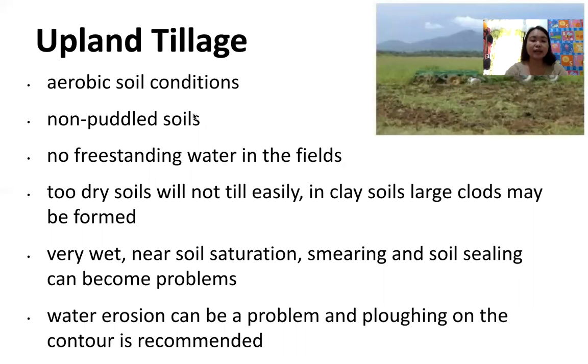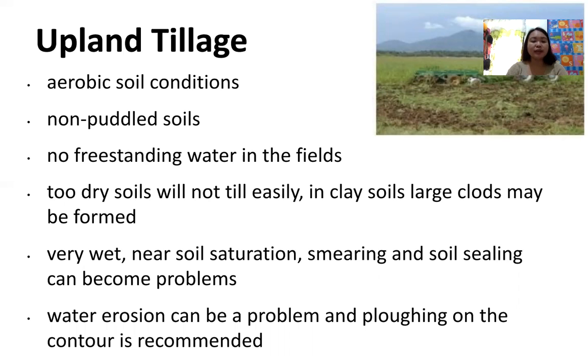The next type of tillage is upland tillage. It's under aerobic soil conditions, of course, for non-puddled soils, without freestanding water in the fields. If it's too dry, soils will not till easily, and in clay soils, large clods may also be formed.